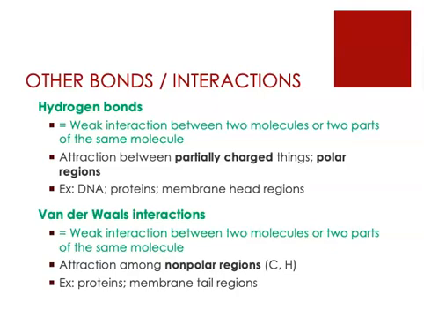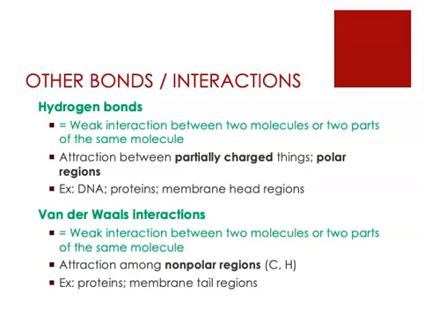We also know that G for guanine and C for cytosine are drawn to each other in the double helix of DNA. They're going to be pulled together and held together with hydrogen bonds. You can also find hydrogen bonds in proteins, and you can find hydrogen bonding between the head regions of the bilayer that makes up the cell membrane.